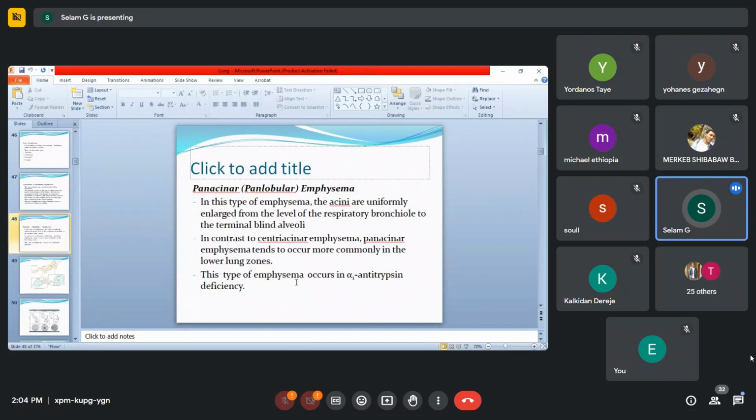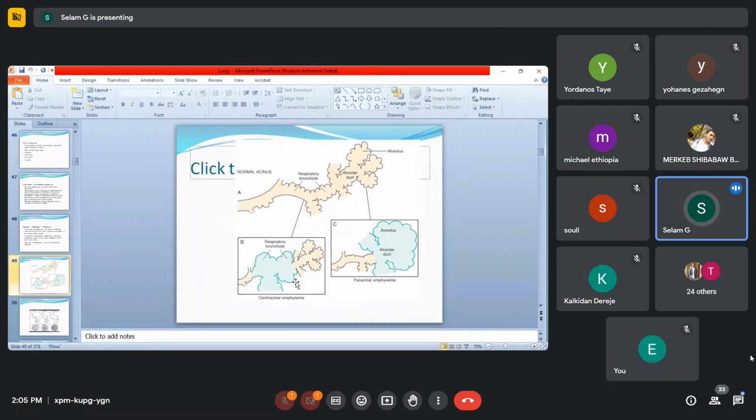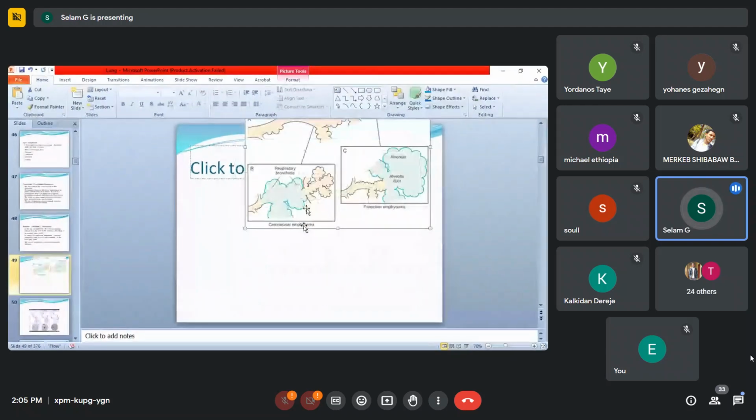Panacinar emphysema: in this type, the acini are uniformly enlarged from the level of the respiratory bronchioles to the terminal blind alveoli. In contrast to centriacinar emphysema, panacinar emphysema tends to occur more commonly in the lower lung zone, and this type occurs in patients with alpha-1 antitrypsin deficiency.